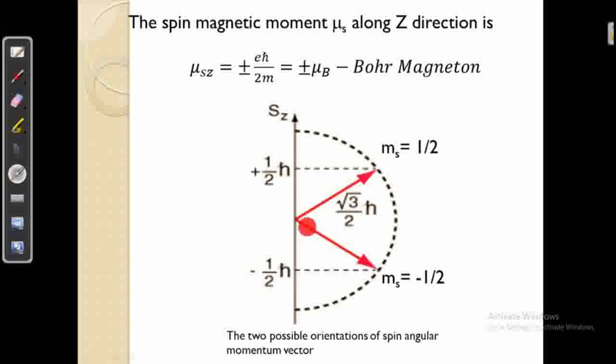So these two will meet here, and you will get the second orientation here. So these are the two orientations of the spin angular momentum in space.